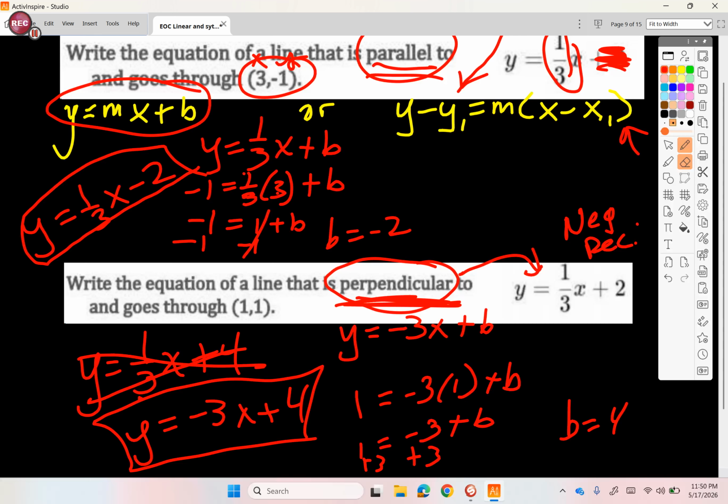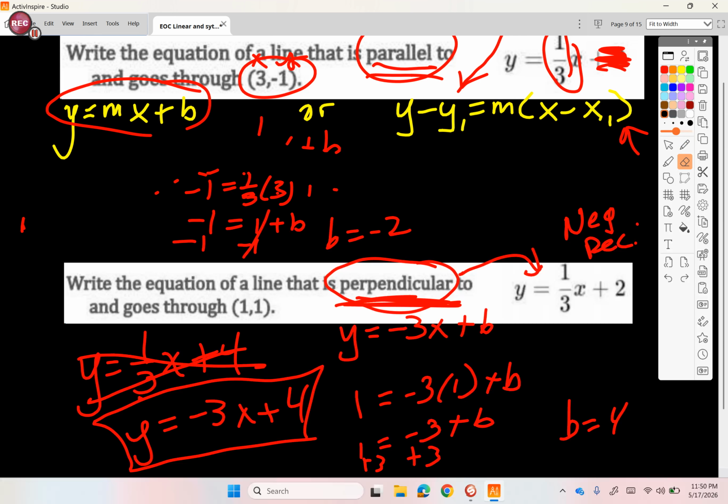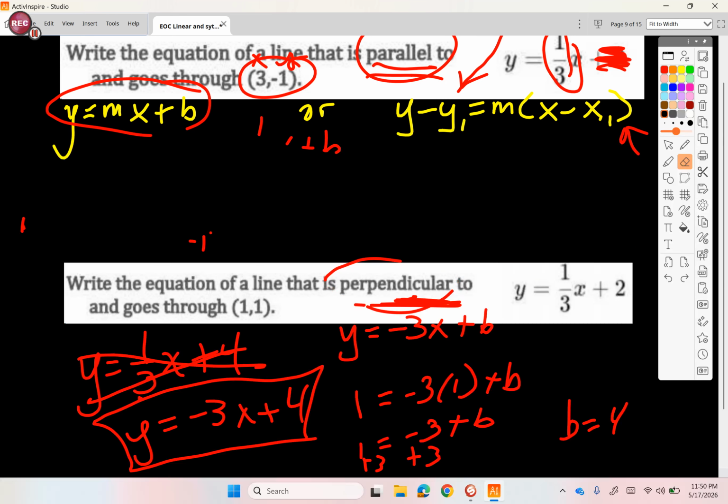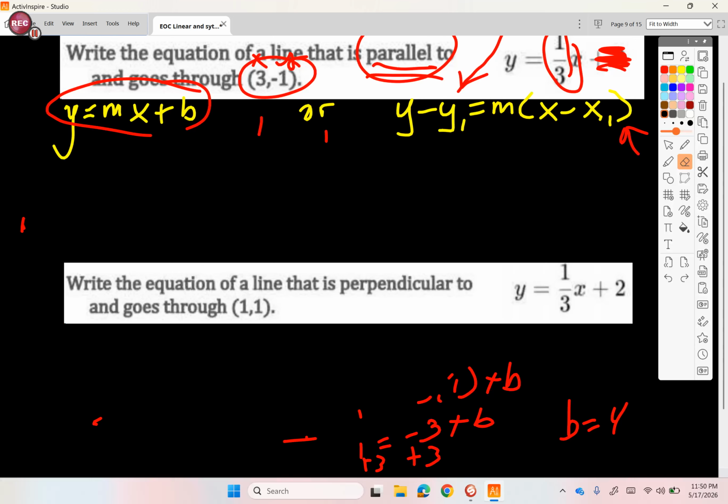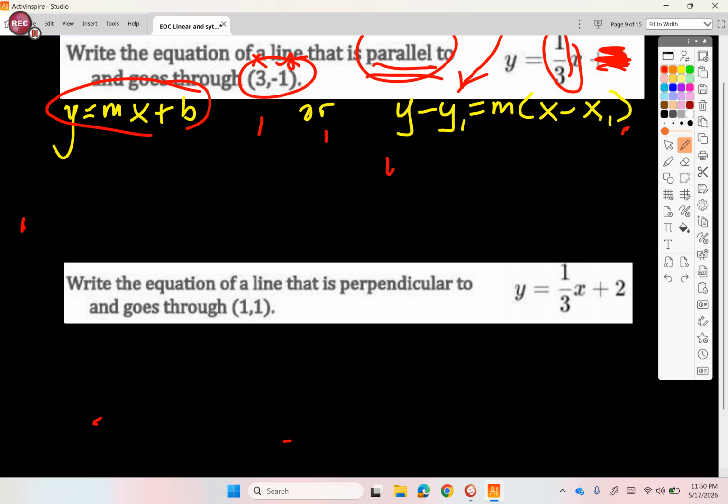Now, it is easier if you use point slope format. But sometimes students don't remember point slope. If you remember point slope format, then it is easier. It's less work. So you would just plug in y minus the y value they give you, which is -1, equals the slope, either the same or you flip it and change the sign if it's perpendicular.